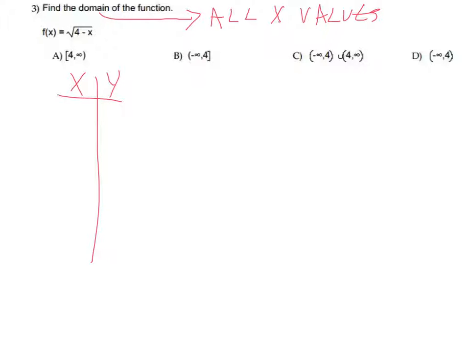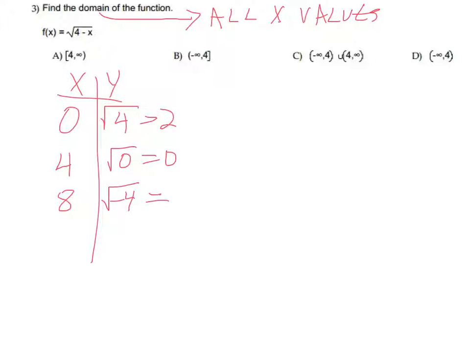If I let x equal 0, I'd get square root of 4, which is 2. Great. If I let x equal 4, I get square root of 0, which is 0. Great. If I use 8, I get square root of negative 4, which is, at this point in time, you know it's 2i. But we're talking about real, so that is not in the domain.